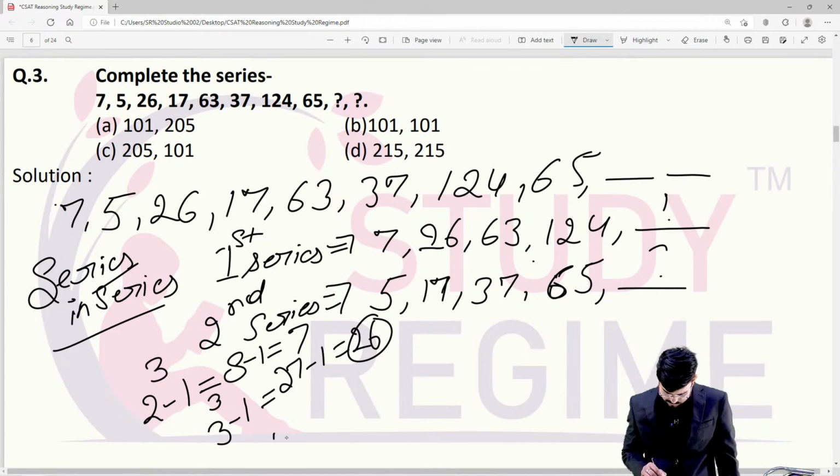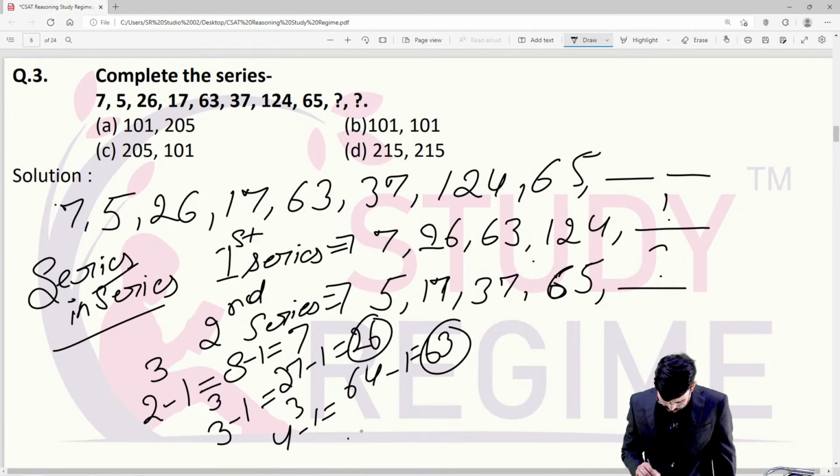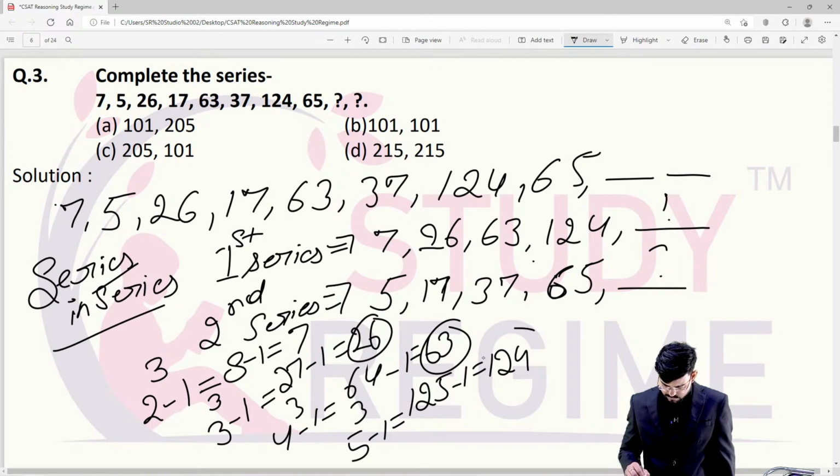Now the next term is 4 cube minus 1. 64 minus 1, that is 63. The other term is 5 cube minus 1, that is 125 minus 1, you got 124.